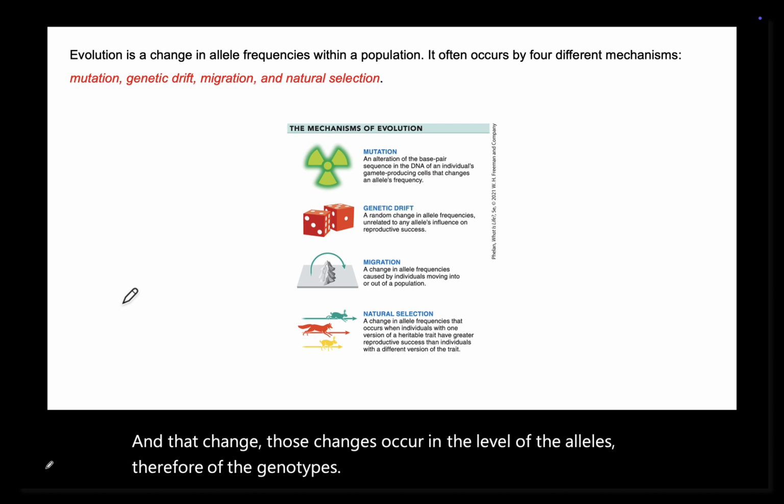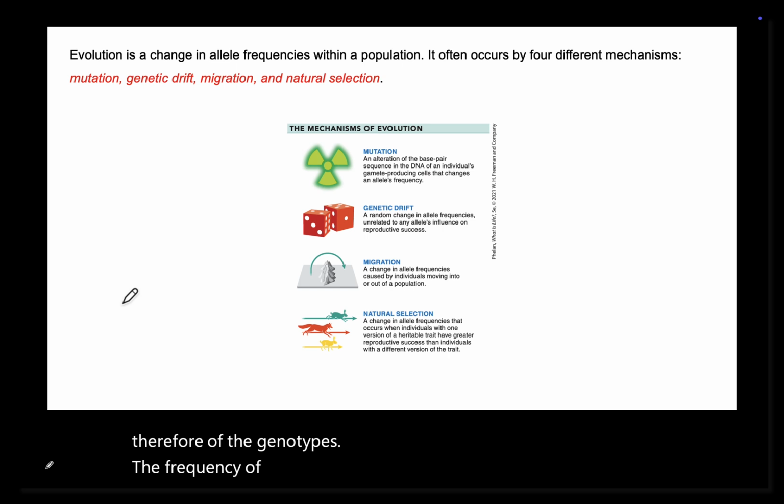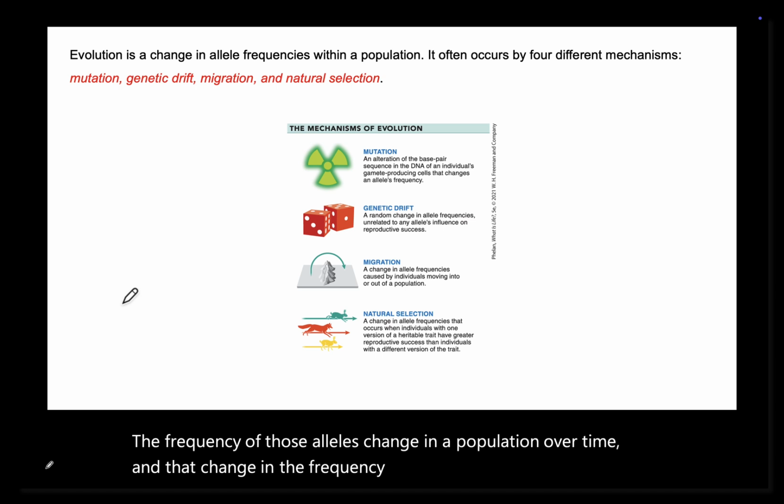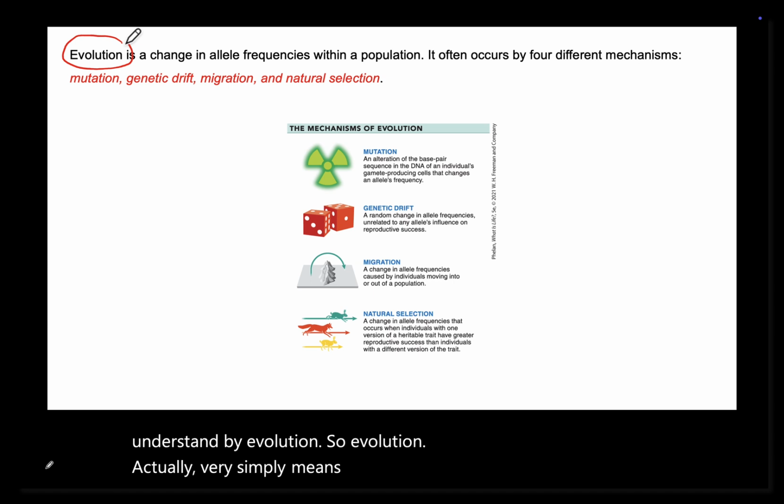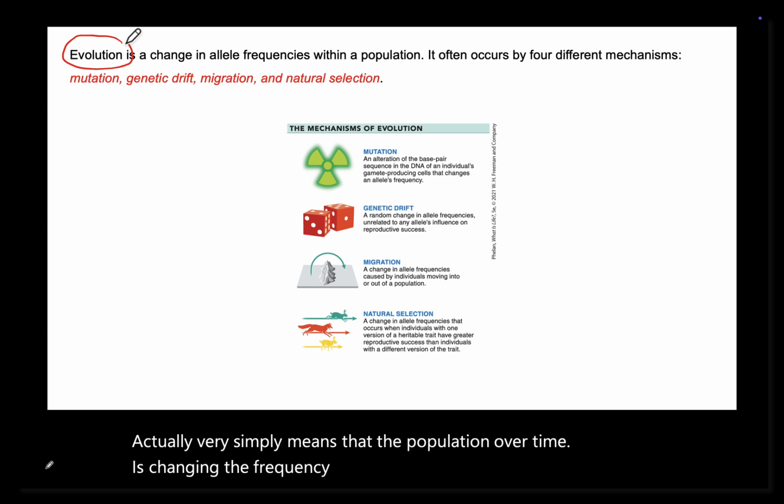The frequency of those alleles change in a population over time. And that change in the frequency of the alleles is what we understand by evolution. So evolution, very simply, means that the population over time is changing the frequency of the alleles.